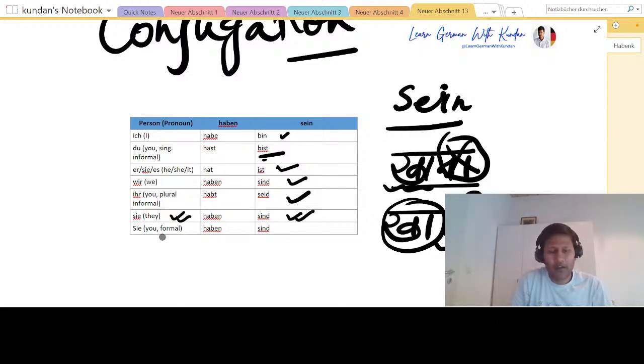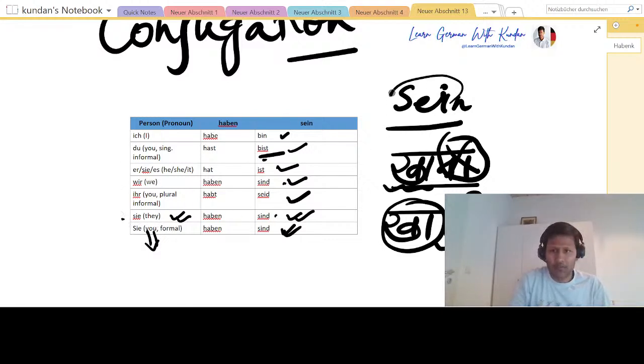And when you're talking formally, like aap in Hindi, Sie also has the conjugation sind. So: ich bin, du bist, er/sie/es ist, he is, she is, wir sind, we are, ihr seid, you guys are, and sie sind, they are.